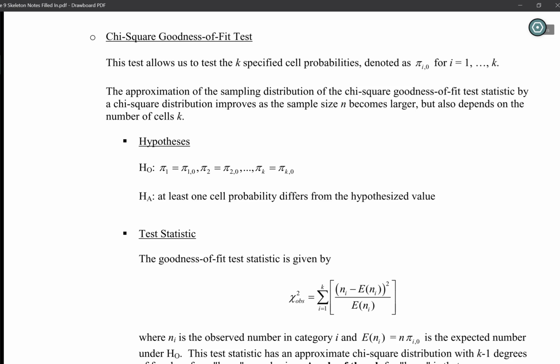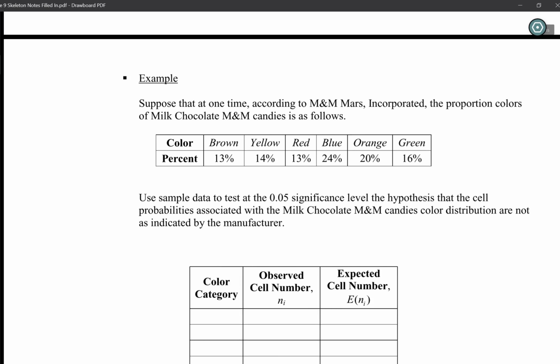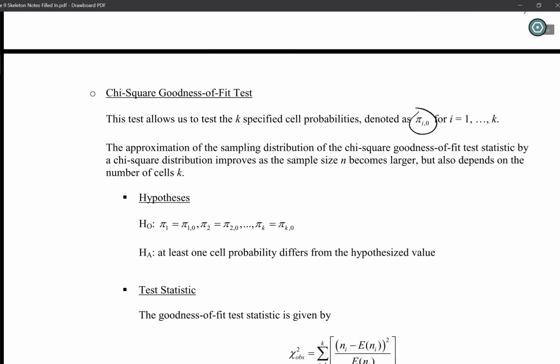This chi-square goodness of fit test allows us to test the k specified cell probabilities denoted as pi i naught. In the context of our example, those were the numbers specified, 0.13, 0.14, and so forth.